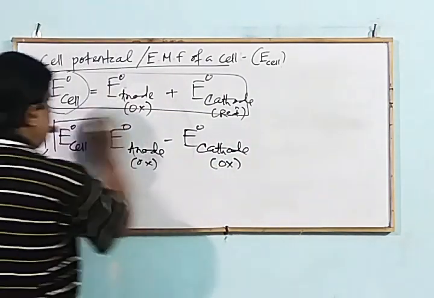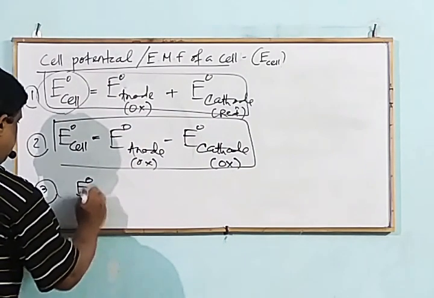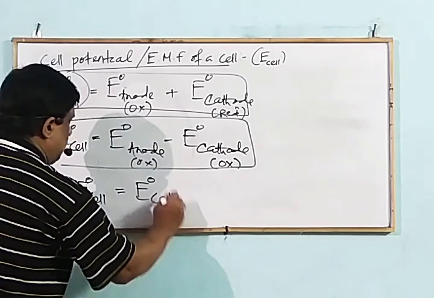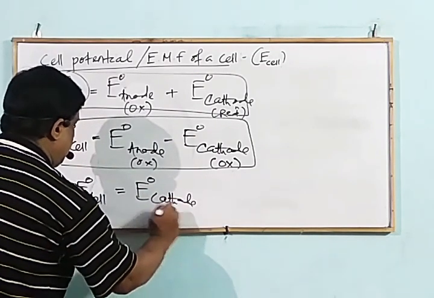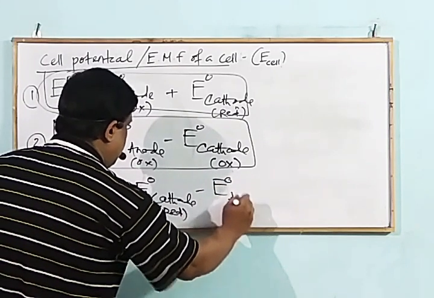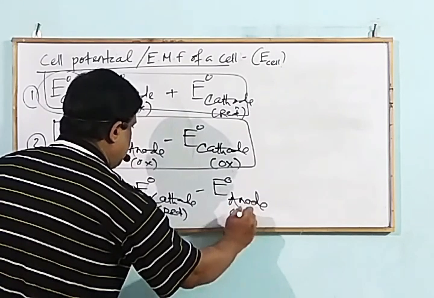The third method: E° cell is equal to E° of cathode, reduction, minus E° of anode, reduction.